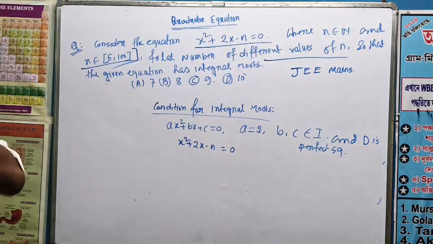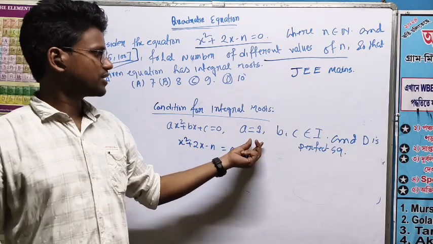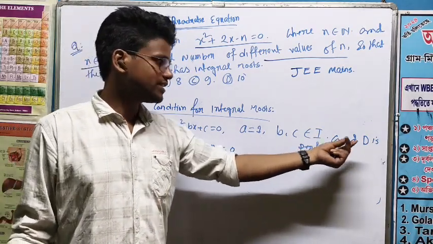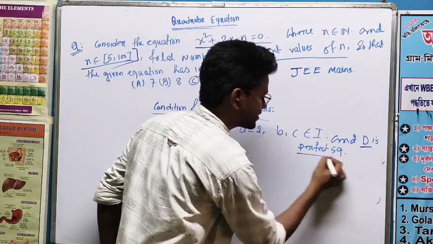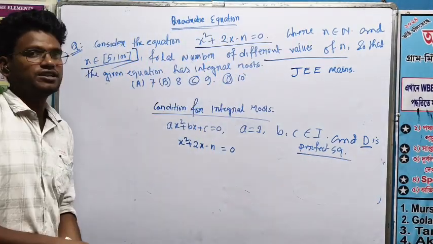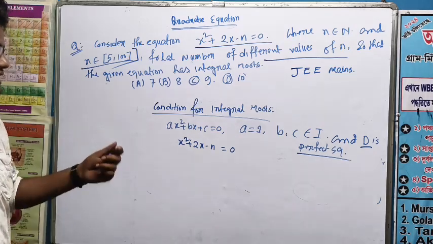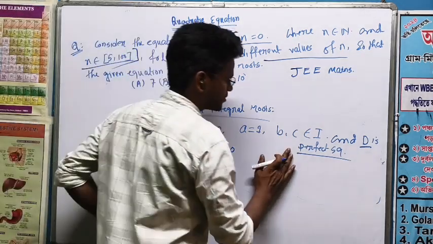This is the most important condition. So a equals 1, b and c belong to integers, and D is a perfect square, otherwise we can't say the equation has integral roots.